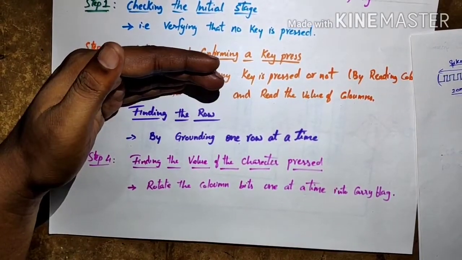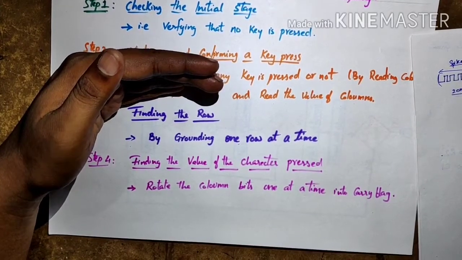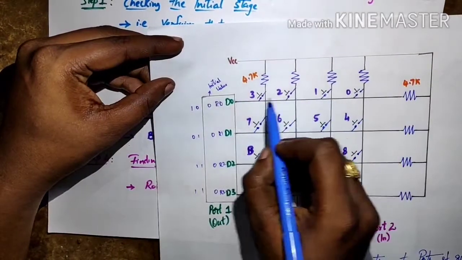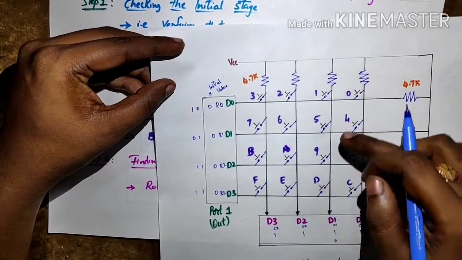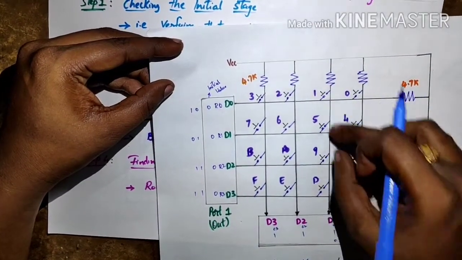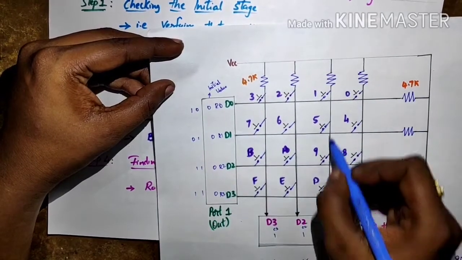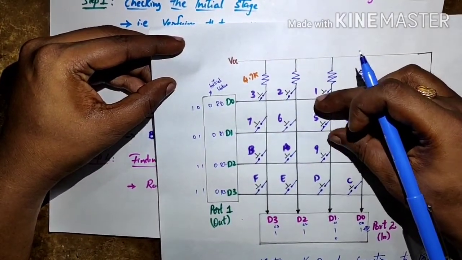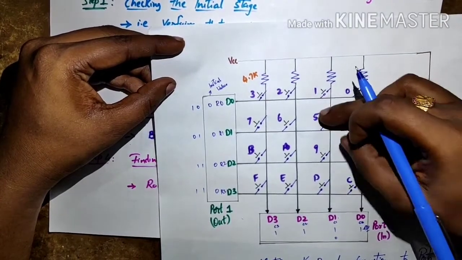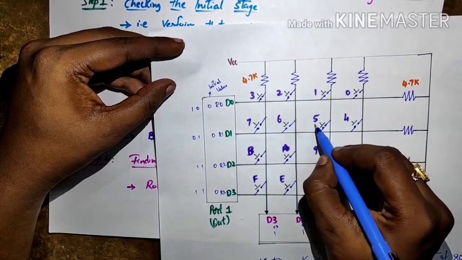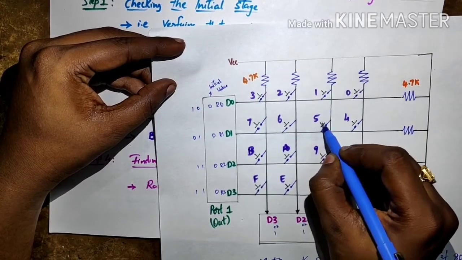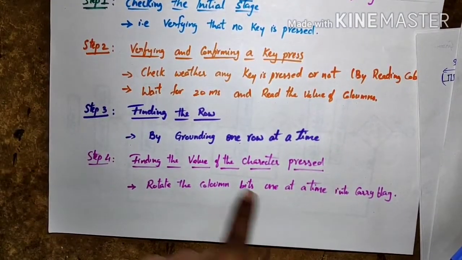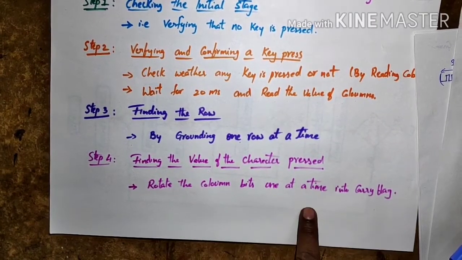In our keyboard we have 0 1 2 3. Previously, if we pressed 5, it will identify row 1 and column 1. This intersection point has been identified, and its ASCII value is 5. To fetch this value, the microcontroller will go to the lookup table and fetch it.